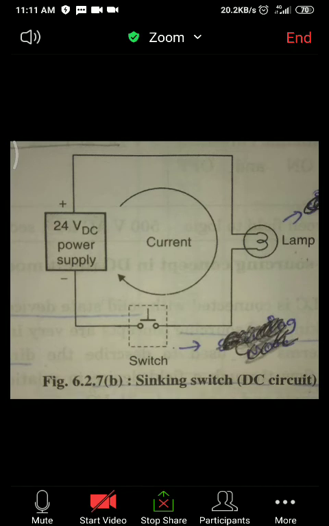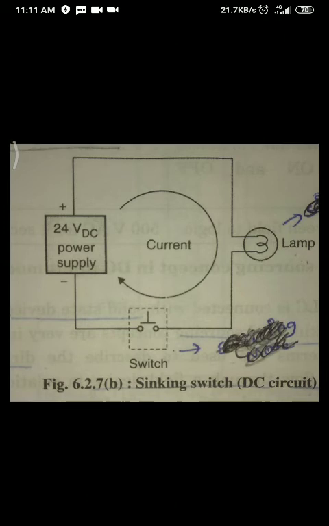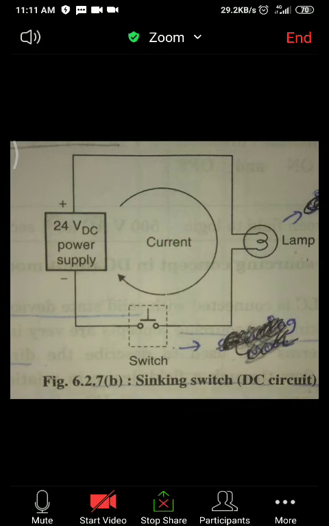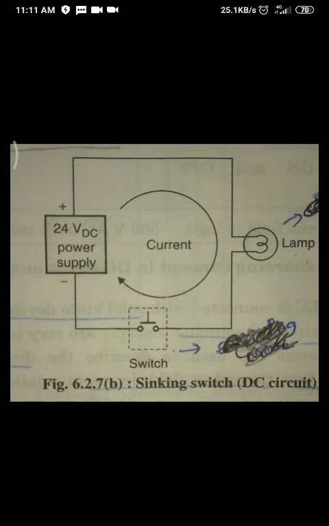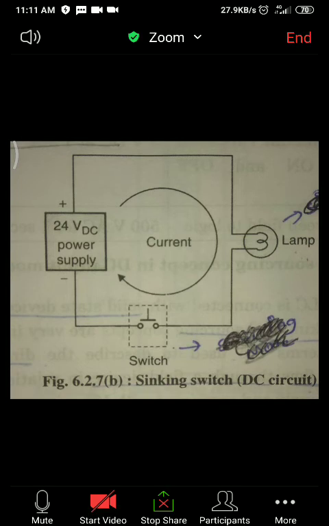So in both figures, the first and the second, it is very clear that the function of the total circuit is the same: the switch is pressed and the lamp is turned on. But the solid state devices are sometimes acting as a source of current and sometimes as a sink of current.